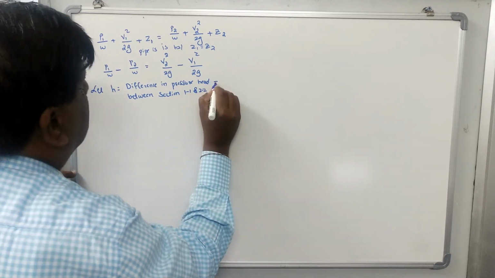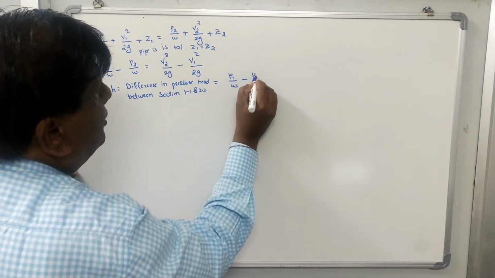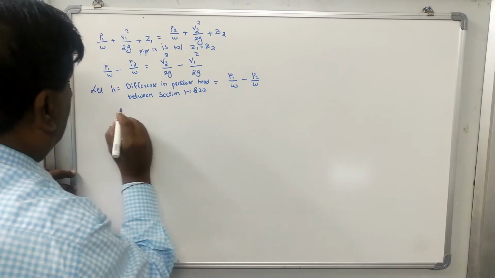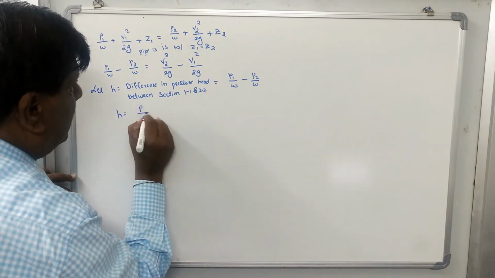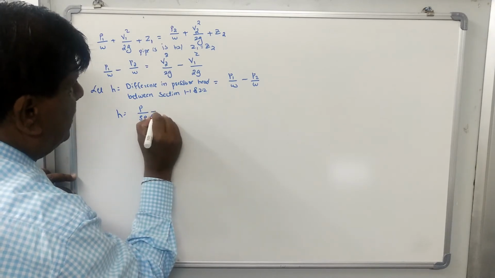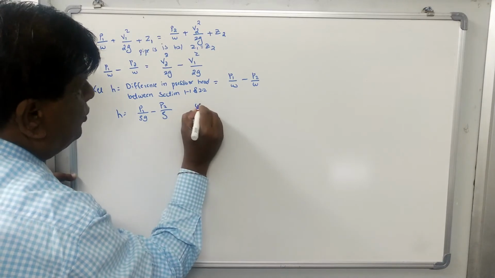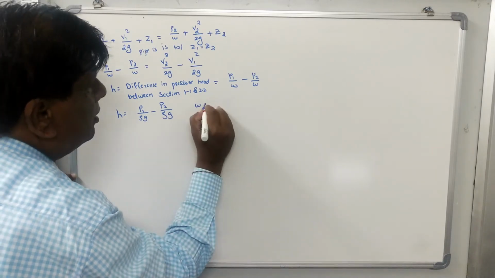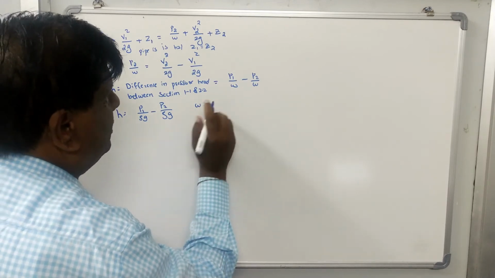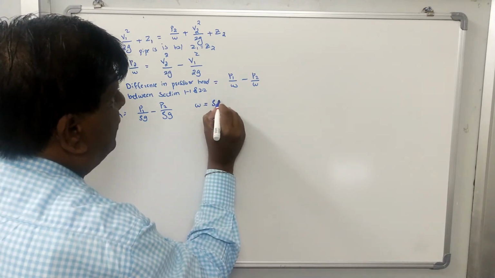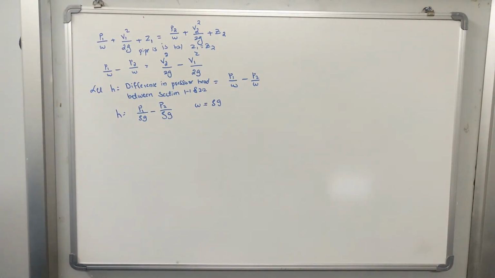So H is equal to P1 by W minus P2 by W, or H is equal to P1 by rho G minus P2 by rho G, since W is the unit weight or specific weight, which is equal to mass density of fluid multiplied by acceleration due to gravity.